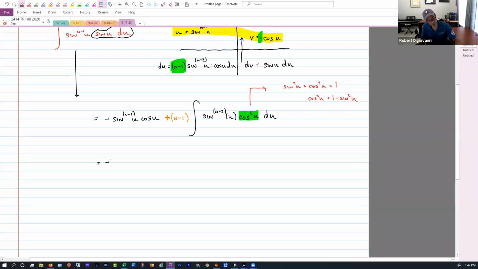So this is equal to negative sine to the n minus 1 of u cosine u plus n minus 1 integral sine to the n minus 2 of u times 1 minus sine squared u du. So that's just replacing cosine squared with what it is from pre-cal. Now, why is this going to work? Well, let's distribute.